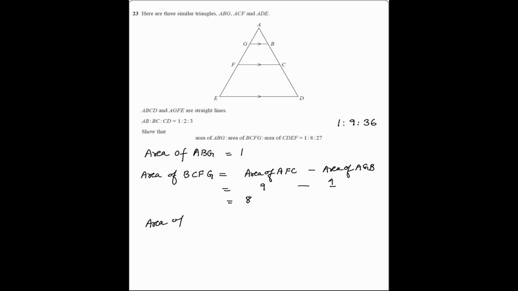Area of CDEF equals area of triangle AED minus area of triangle AFC. Now AED is a complete triangle, and the area of triangle AED is 36. 36 minus AFC area 9, 36 minus 9 equals 27.